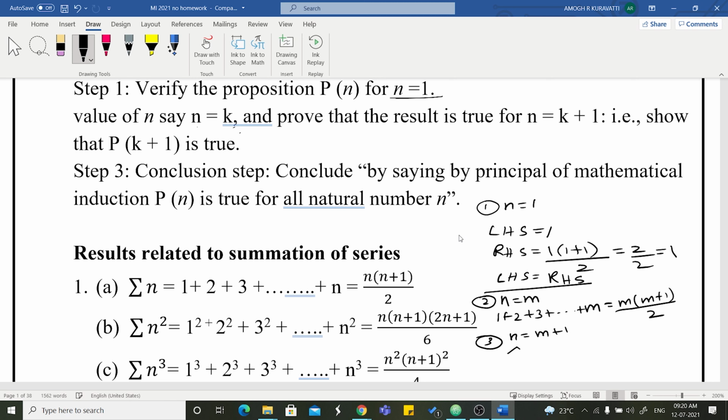So how to solve? Now here this is the nth term. We are proving the first result. This is the nth term, so the last number is n. What is the next number? n plus 1.